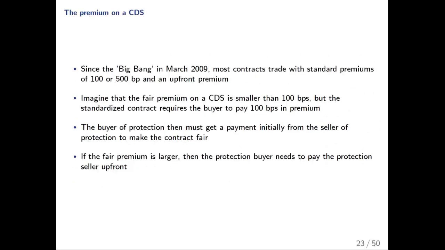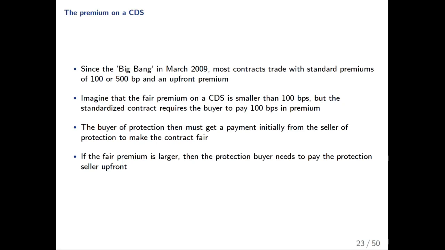The Big Bang was a way of standardizing contracts in order to facilitate liquidity in the market, and essentially what it says is that there is now an upfront premium which all contracts are written against. It's typically somewhere between 100 and 500 basis points in 100 basis point increments. What do I mean here? And in a moment, we're going to work out what the fair value of a CDS is.